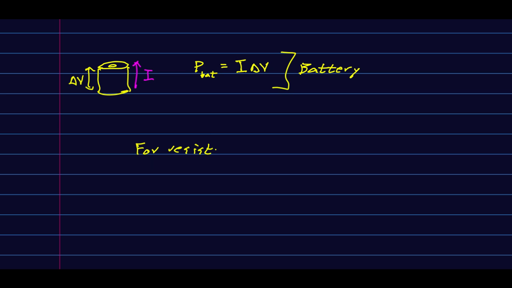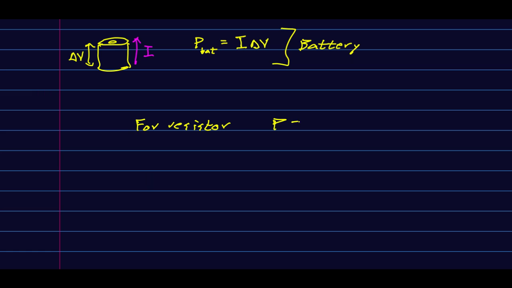If you don't know both of those, sometimes you can do it another way, because the power is I delta V, but we know in a resistor that delta V is IR. And so I squared R is also the power in a resistor. That's another way of getting it. So if you don't know delta V across the resistor, that gives you a shortcut.